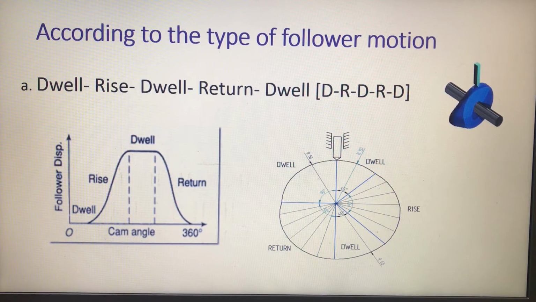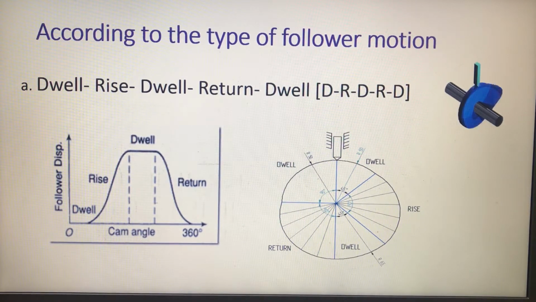Before moving on, many of you have heard about rise and return, but dwell is a new word. It is like taking rest for some time. That is, there is no displacement of the follower. The displacement of the follower may be zero. It is at some resting condition. That is called dwell.